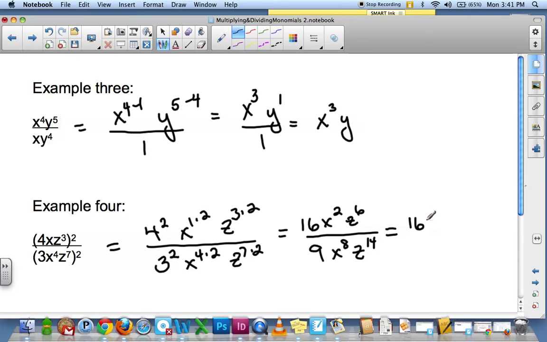So I'm going to have 16z to the 6th all over 9x to the 6th, because I want 8 minus 2, and the z to the 14th is staying there. I should have also subtracted the z's. 16 is going to be the only term that's on top. And we have 9 times x to the 6th power. Z's, when I subtract, I get z to the 8th. This concludes your first part of multiplying and dividing monomials.